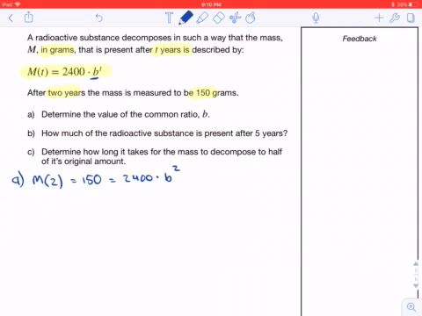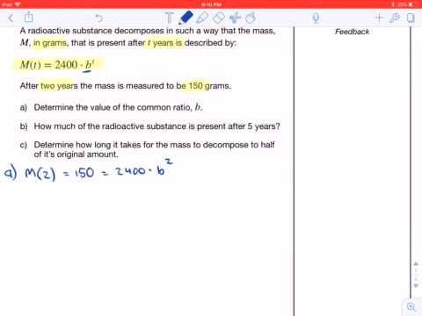I have just one unknown, b, so I can solve directly. 150 over 2400 is equal to b squared, and then I take the square root of both sides and get that b is equal to 0.25, or 1/4. And so I now have my b value, which is really great.